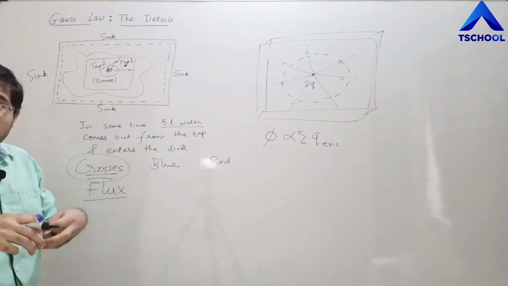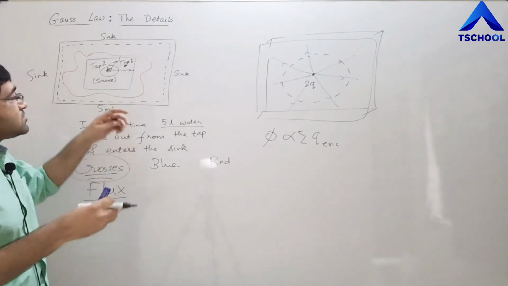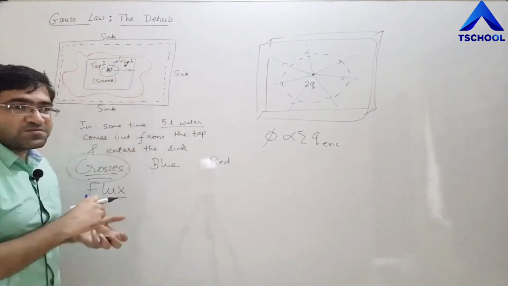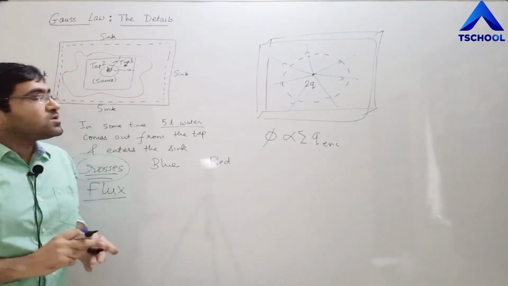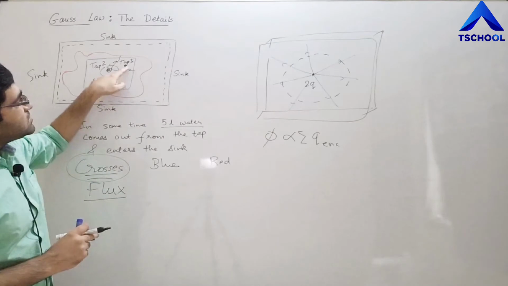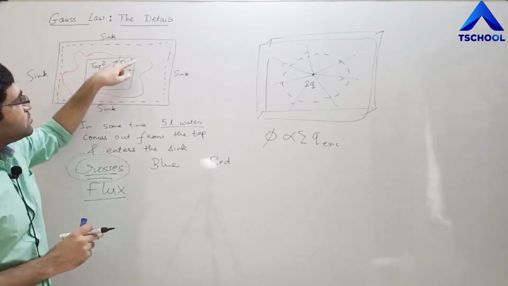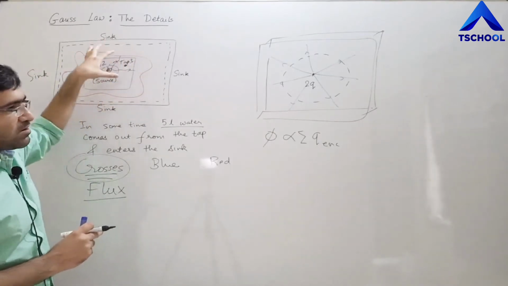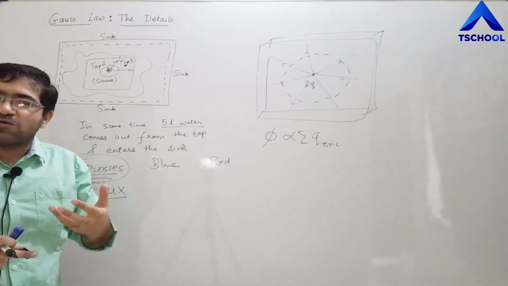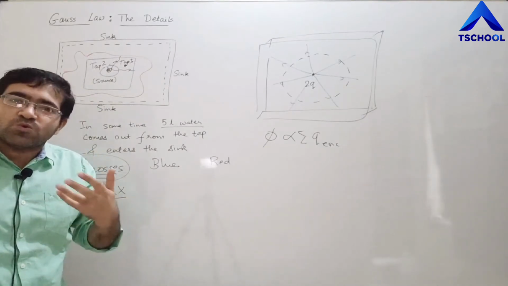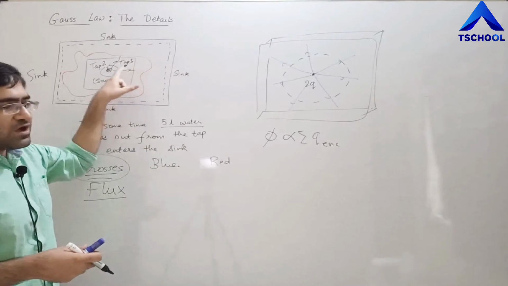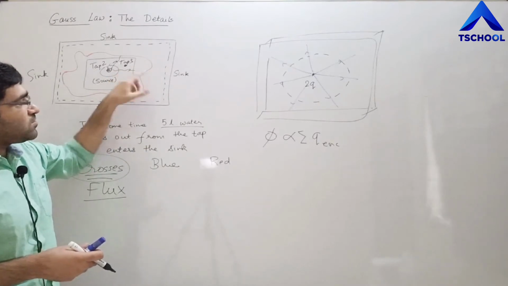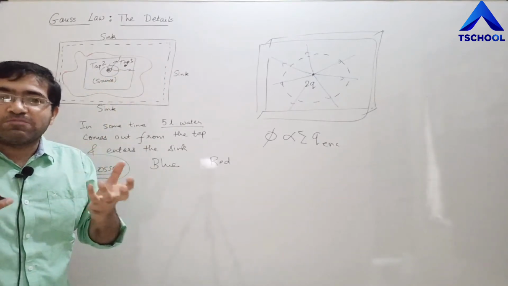Then obviously there is going to be more water flowing out through these curves in the same time, right? Because this tap 3 is enclosed by the blue rectangle and the red curve, the amount of water flowing out through that curve, either the blue rectangle or the red curve, is going to be much more.